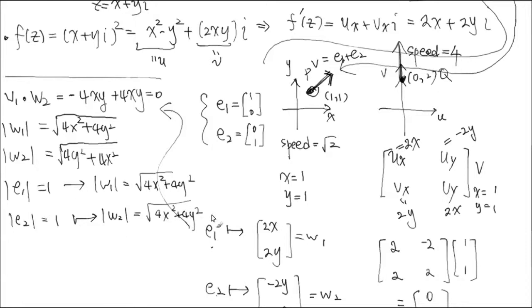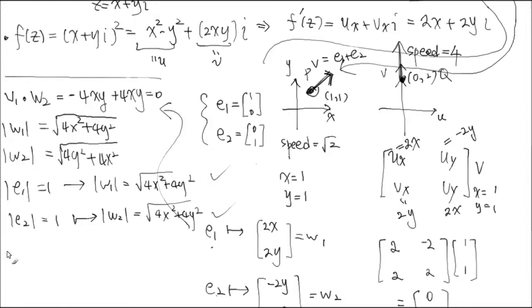So the velocity map, the linear map completely given by this matrix called the Jacobian matrix, right? What it did is that it rotated E1 and E2, keeping the angle between E1 and E2 exactly the same, and stretched a little bit by exactly the same factor. E1 is stretched by the same factor, E2 is stretched by the same factor.